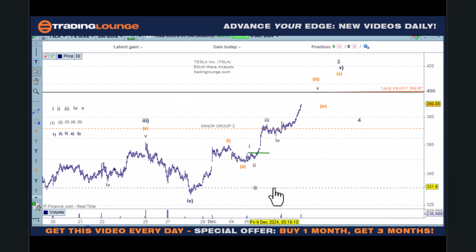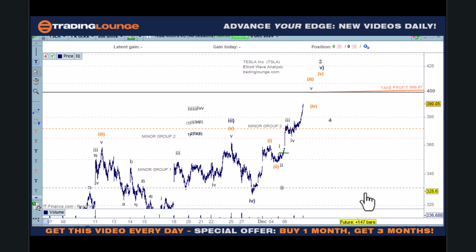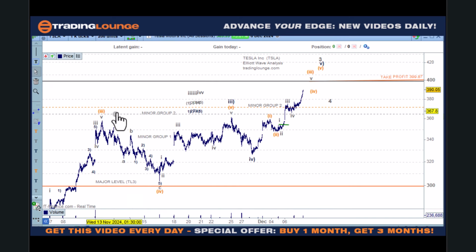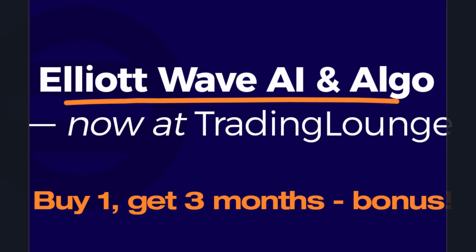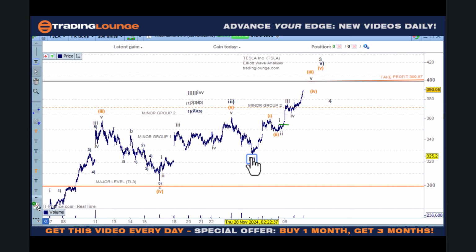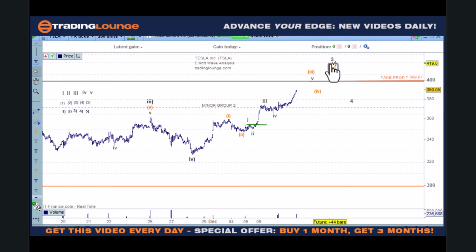Okay, Tesla. So with Tesla here, we've been working through this as wave 3 and 4, and then 3 and 4 here, to go up to wave 5. So from 4 here, looking to go up to wave 5.